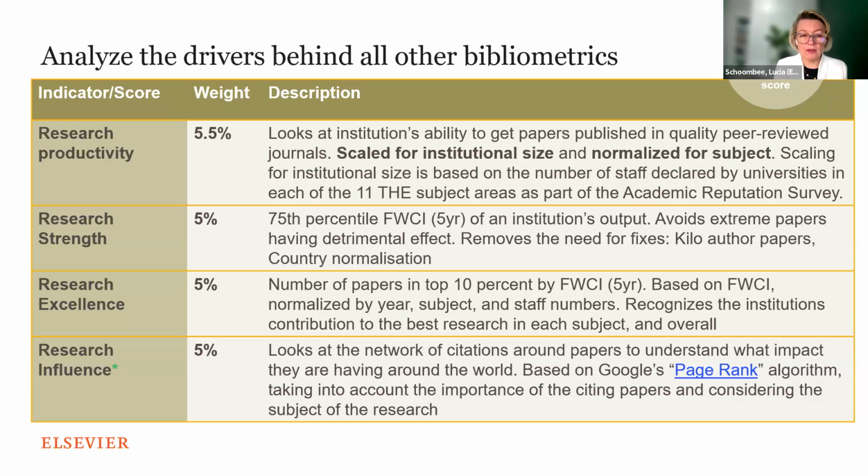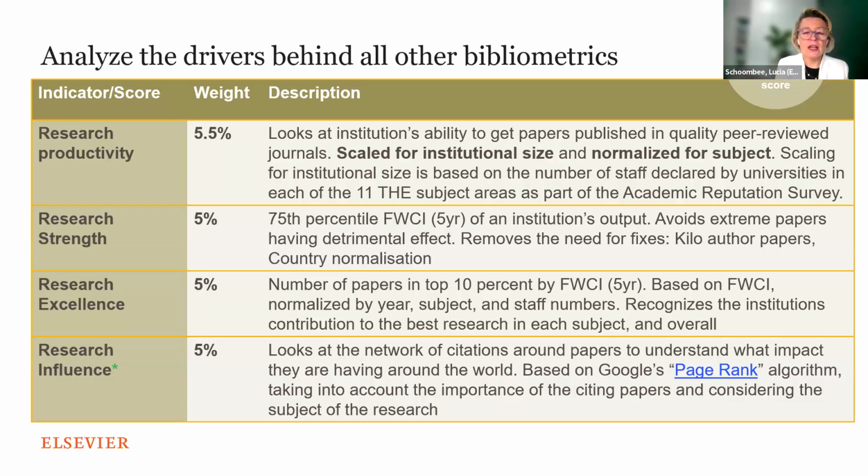Then these are actually the citation ones. So research strength counts for 5%. That is measuring that same global field-weighted citation impact, but at the 75th percentile level. This is to avoid extreme papers that skew the data, basically.